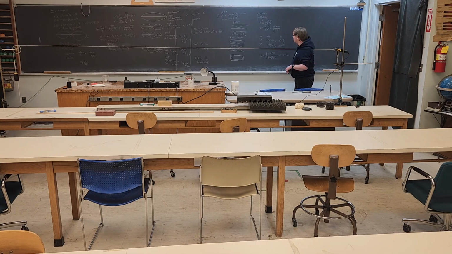We have 15 minutes yet. So let's see if we can't find another n using these guys here. If we go n equals 1, what do we get? I need the mass here. So that'll be 4L squared f squared mu over n squared g.